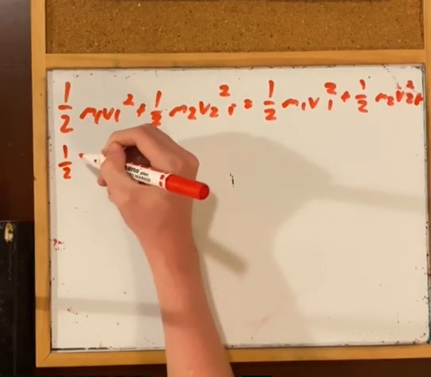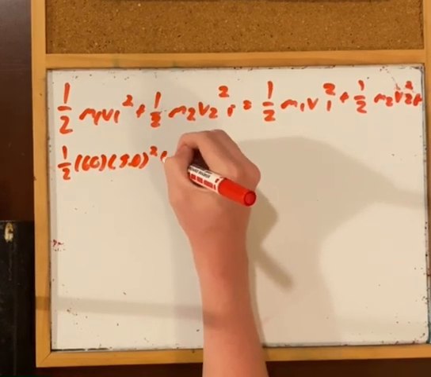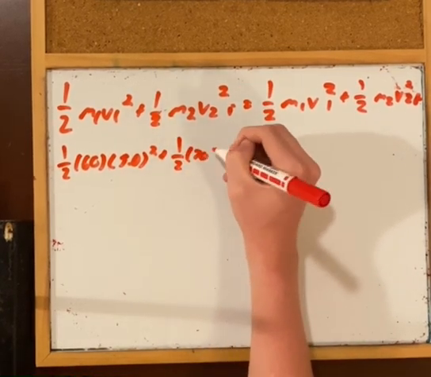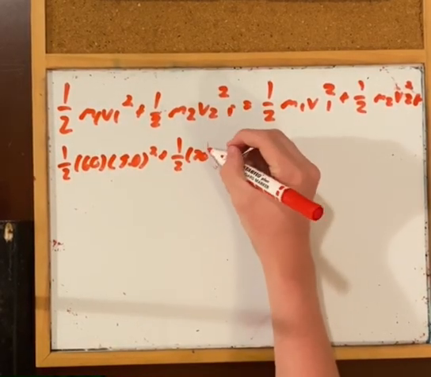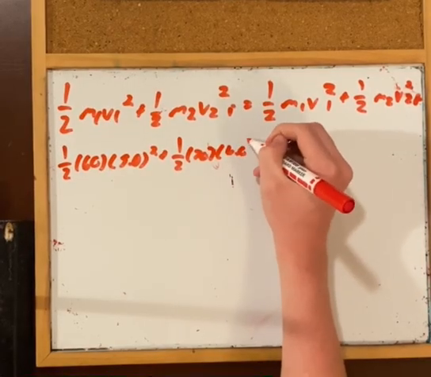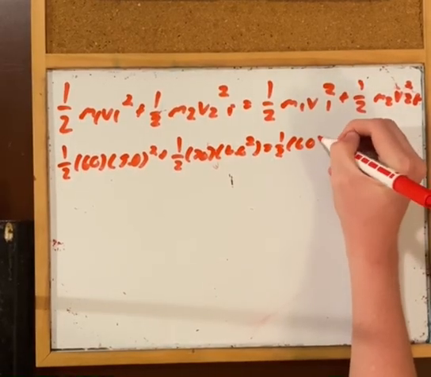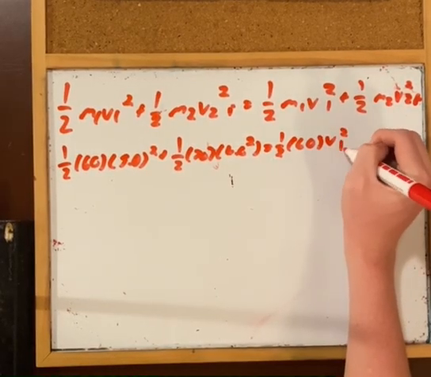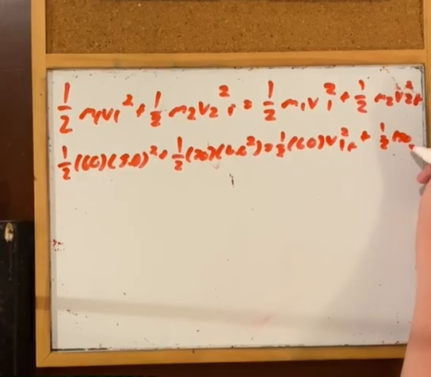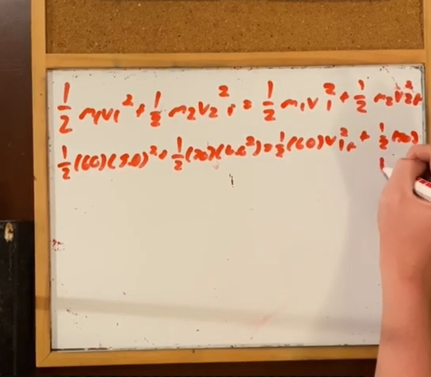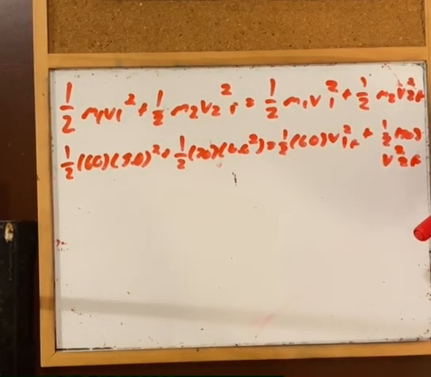It's 1/2 times 60 times 5.0 squared plus 1/2 times 70 times 4.0 squared equals 1/2 times 60 v1f squared plus 1/2 times 70 times velocity 2f squared. This just goes right here, but we ran out of space.